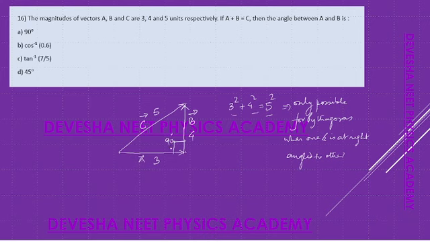Only if this is 90 degrees is 3 square plus 4 square equal to 5 square. So the angle between A and B will be equal to 90 degrees.